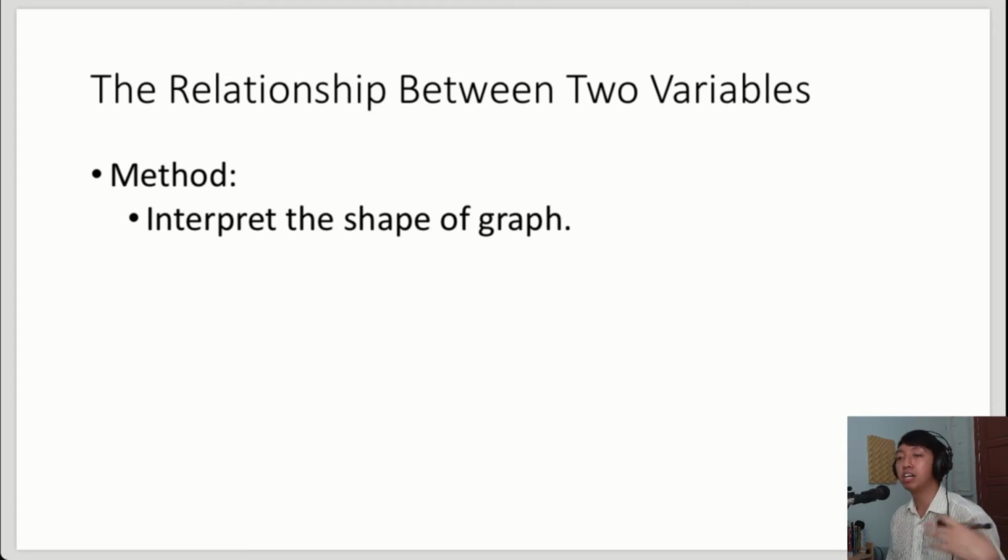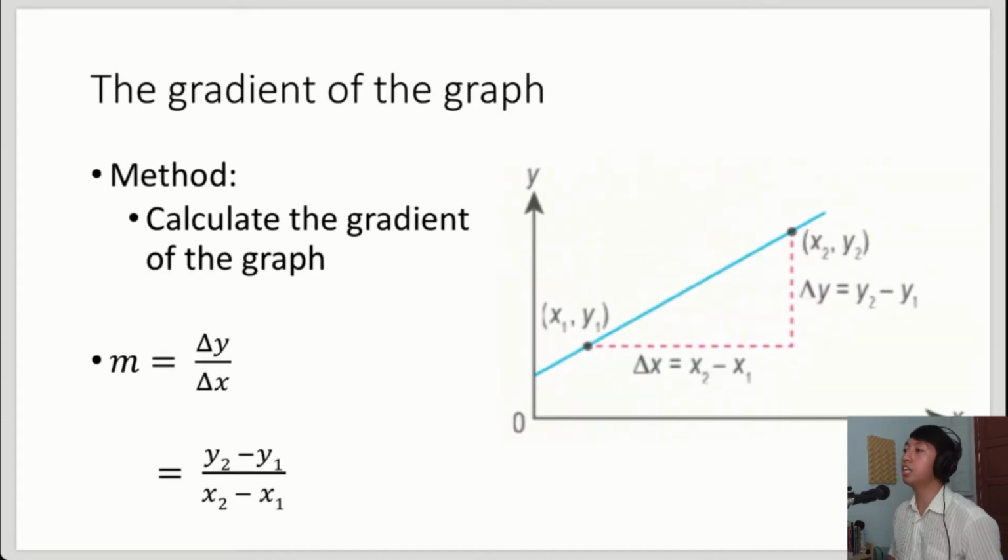There are different types of relationship that exists between two variables. So you can use the shape to decide that. The next one is by calculating the gradient of the graph. Alright. The graph will mean different things. The gradient will tell you different kinds of things. So how do we calculate the gradient?